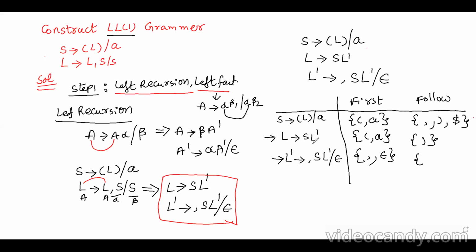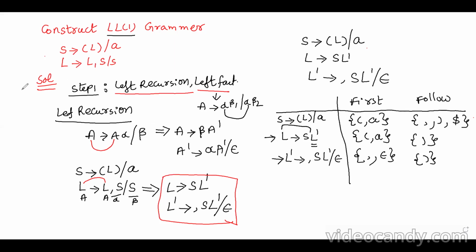I have L dash on the right side of the production, but we don't know the value after L dash. So you come to the left side of the production, which is L. So follow of L dash is follow of L. What is the follow of L? Close bracket. So this is the way to construct the first and follow.